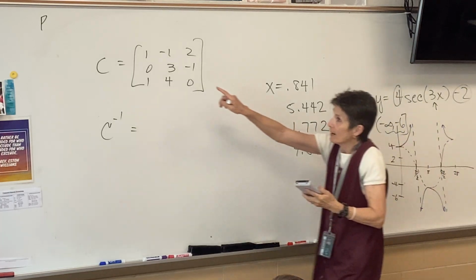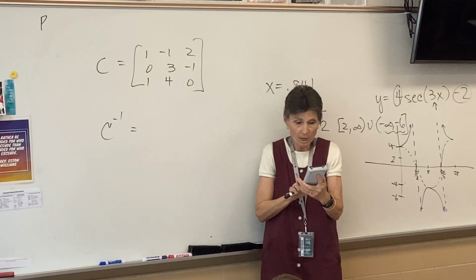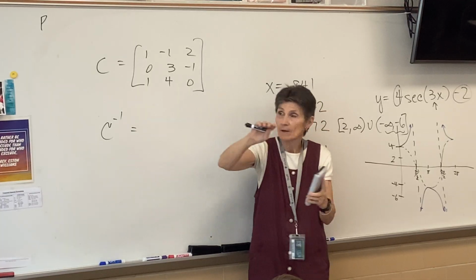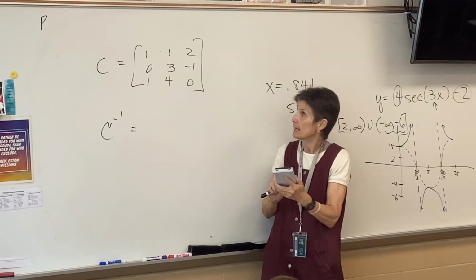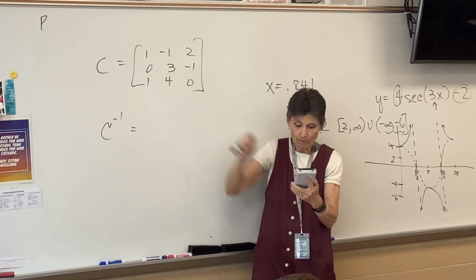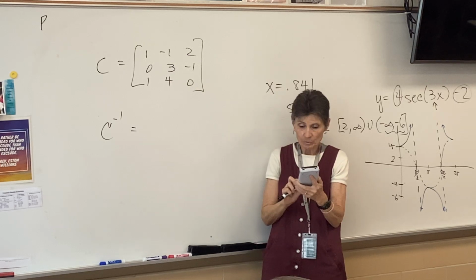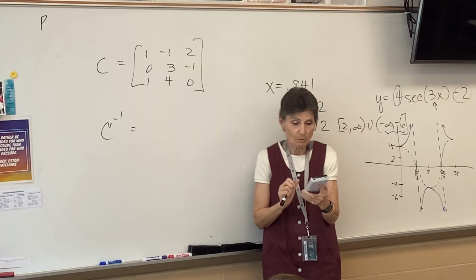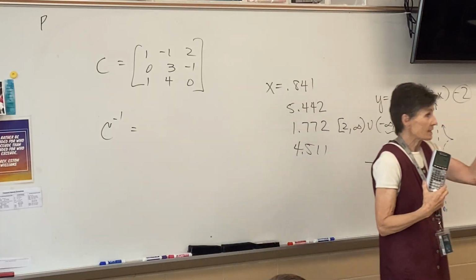So I just start right here, and I press 1, enter. And it moves sideways, the cursor goes. So then -1, enter, and 2, enter. And then it comes down and says, okay, here we go. 0, 3, -1, 1, 4, 0. So just type in the numbers.